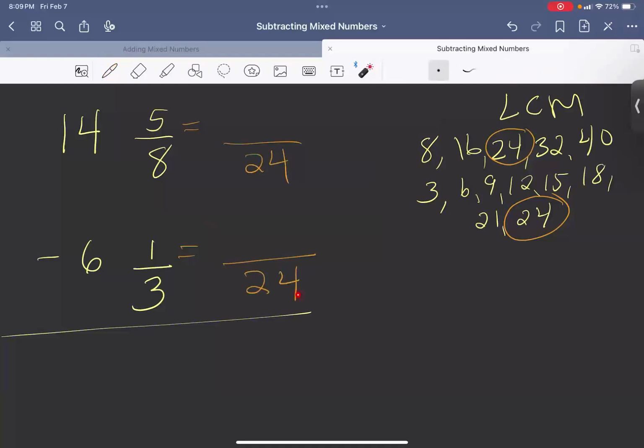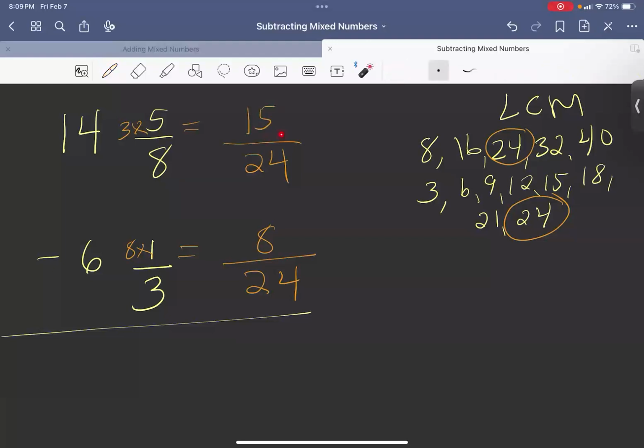So now 24 divided by 3 is 8. So I divide then multiply. 8 times 1 is 8. 24 divided by 8 is 3. 3 times 5 is 15.